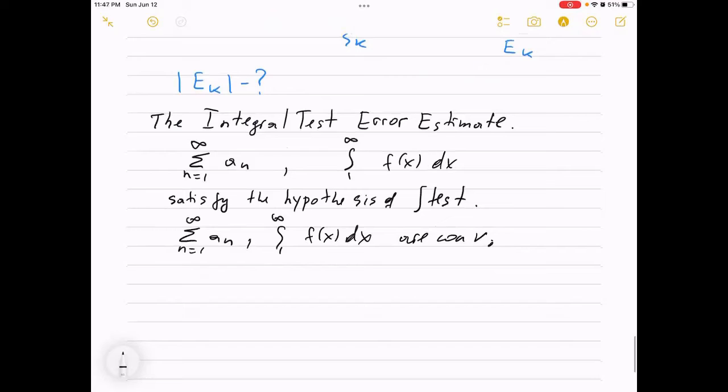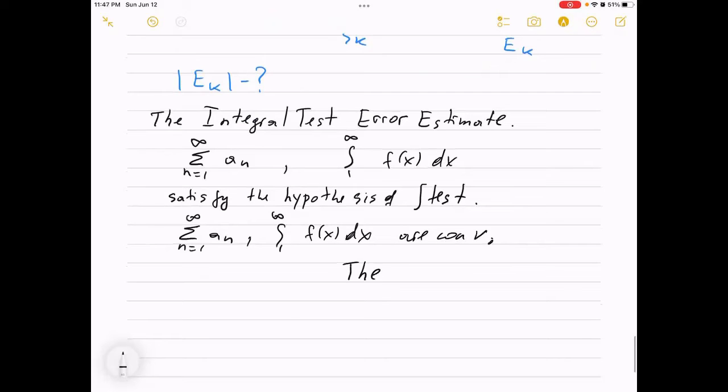Then that's the statement which we want to make. Then the magnitude of the error is going to be less than the integral from k to infinity of f of x dx.